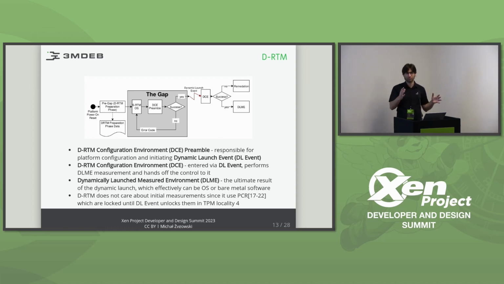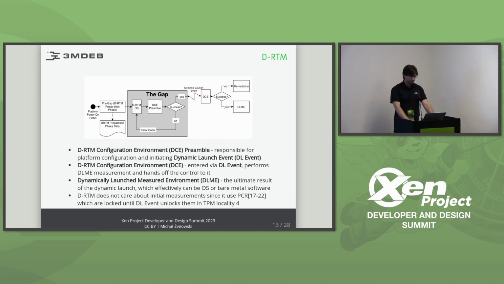SRTM uses, for example, the registers from 0 to 15, and DRTM uses the PCRs, the measurement registers, from 17 to 22. Another important thing is that those PCRs, 17 to 22, are locked prior to the dynamic launch event, so it is impossible for the BIOS to store any measurements in those registers before the dynamic launch event is invoked.